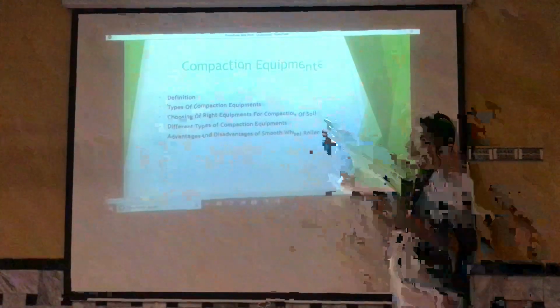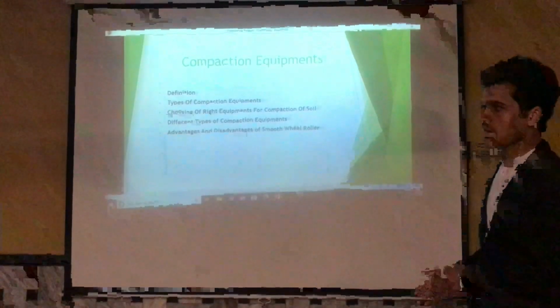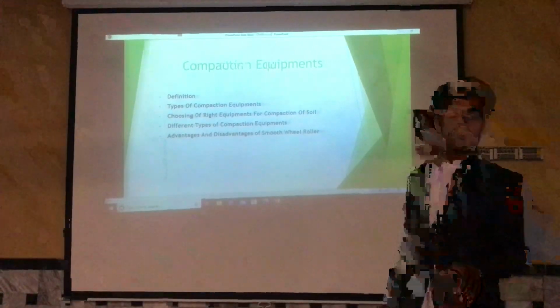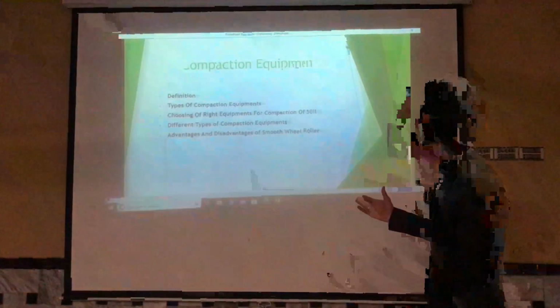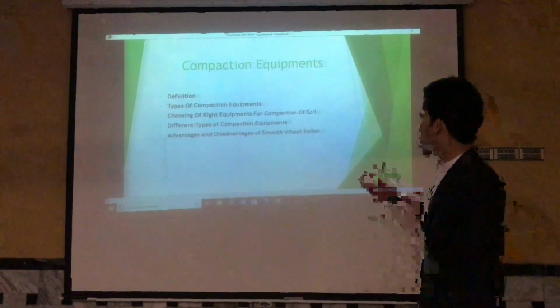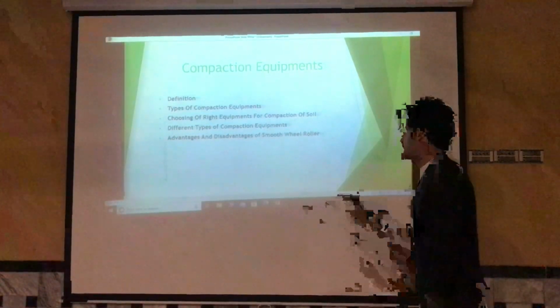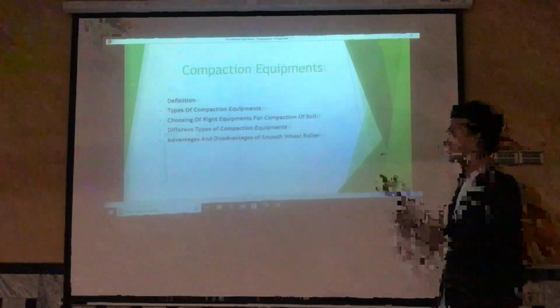This is the most important thing in compacting soil, because if you choose the wrong compaction equipment, it may cause you heavy cost, or it becomes uneconomical. Then, after the different types of compaction equipments, we can move toward the advantages and disadvantages of all types of compaction equipments. Next slide.